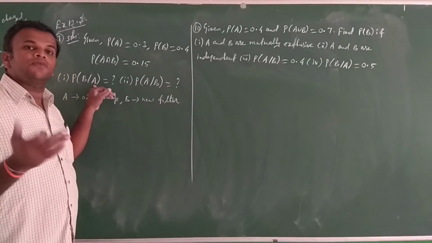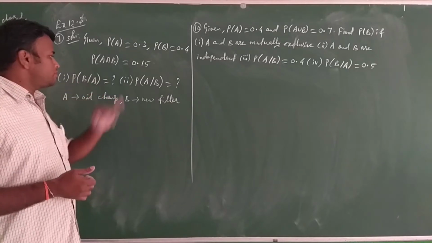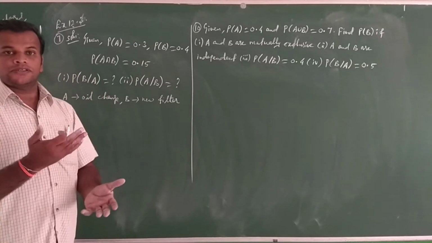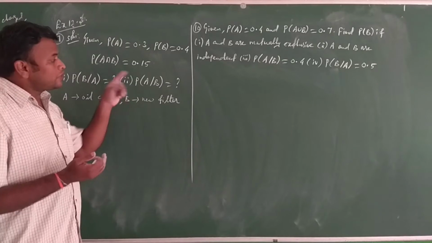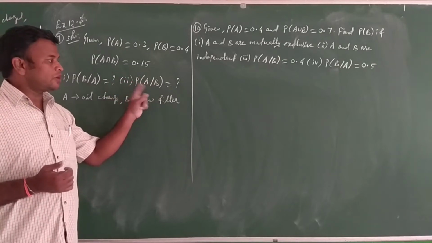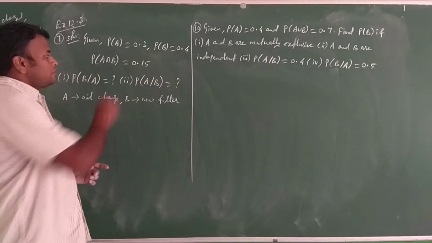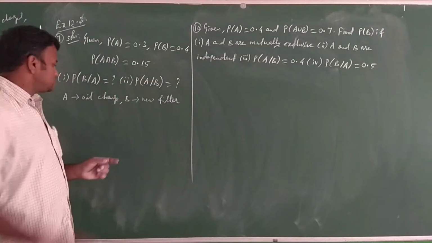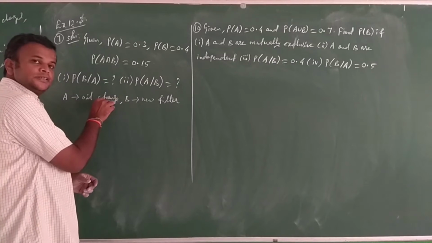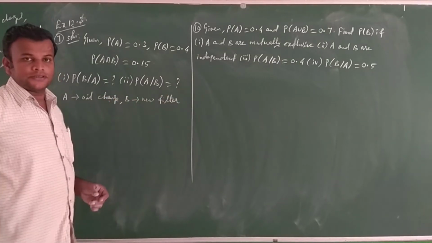What is the probability that the new filter will be needed, B? So P of B given A. And the second one is the reverse. If the new oil filter is needed, what is the probability of the oil change? So we understand the question and use the symbols. A is oil change and B is new filter.